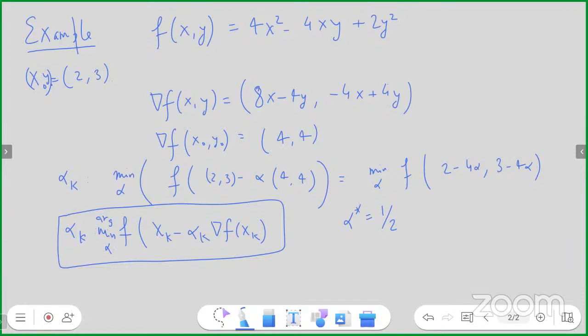So what will be the update? The next point x1, y1 will be x0, y0 minus half times the gradient at x0, y0.